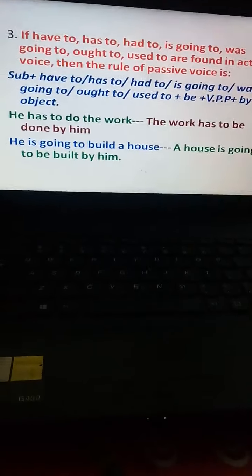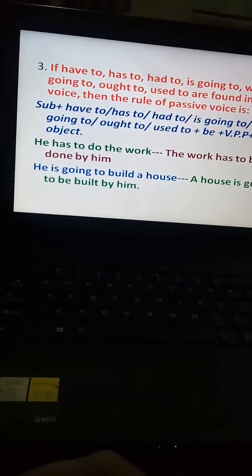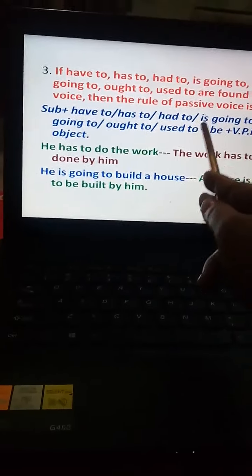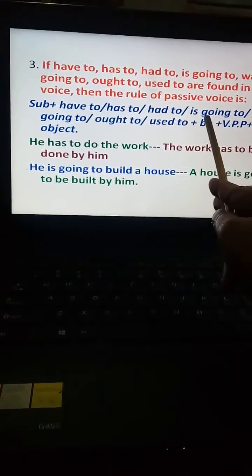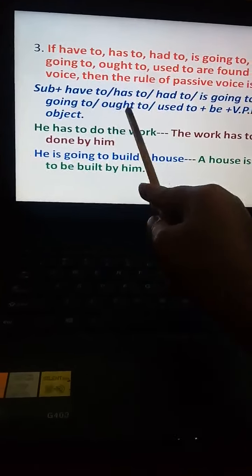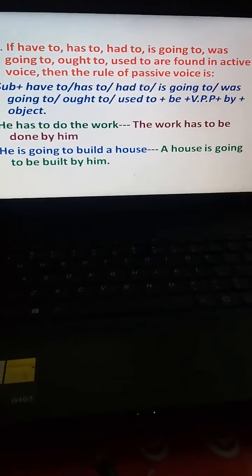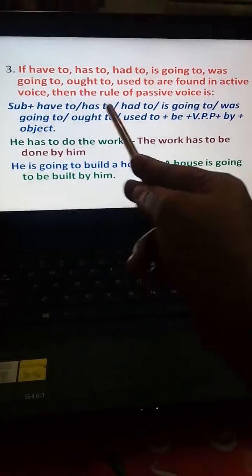The subject is taken from the object of the active voice, this basic rule. So subject, and after that you should write all these phrases, and then be must be used after these phrases, and after that you should write the past participle form of the main verb, then the preposition, and after that you should write the object.